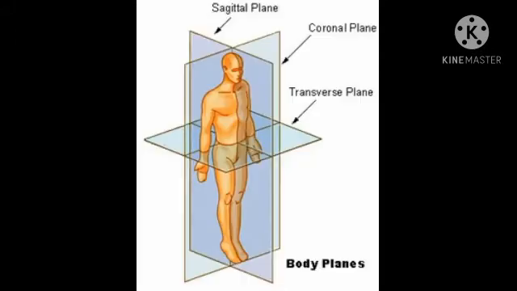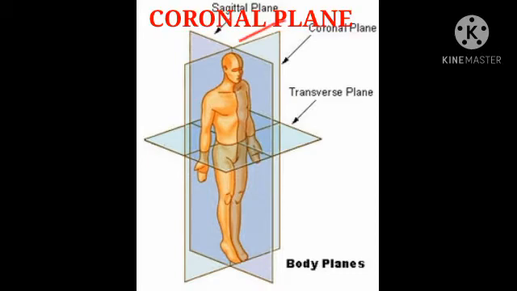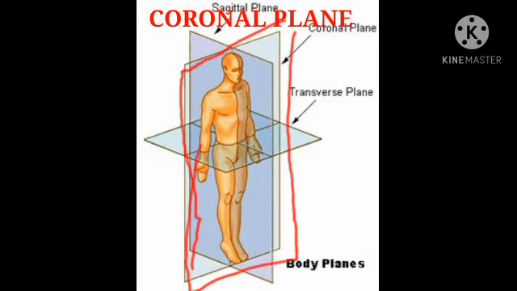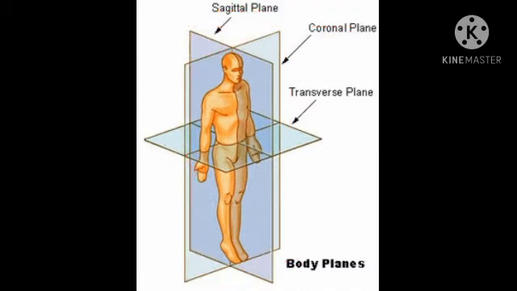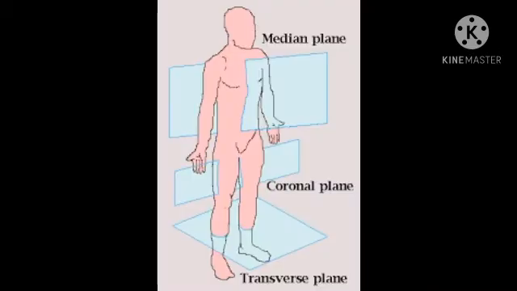Another plane that we need to talk about is the coronal plane. So the coronal plane divides the body into two parts. This time it's the back part and the front side.